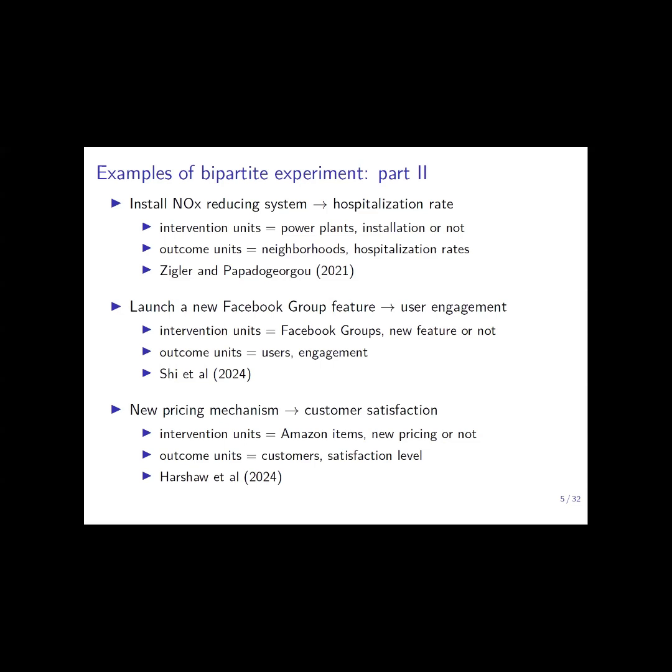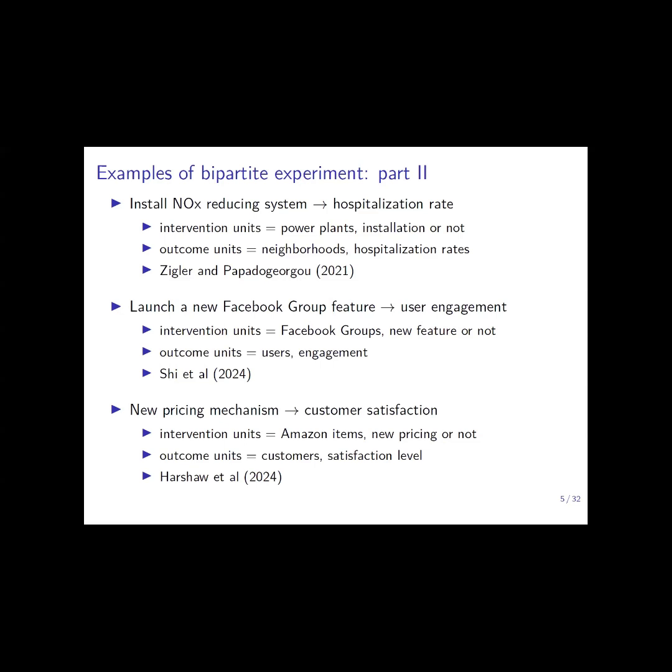So the intervention units were power plants. The outcome units were the neighborhoods, the county-level hospitalization rate. It's different from the traditional randomized experiment. We don't measure the outcome of the power plants directly. We measure the outcome of the nearby neighborhoods. That's the first example we care about.